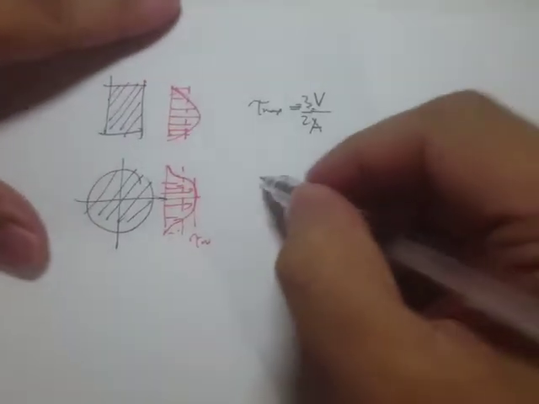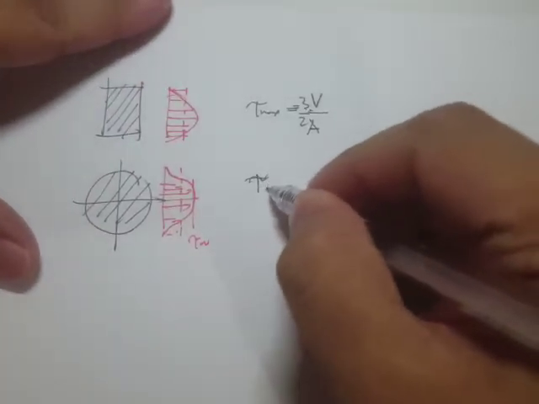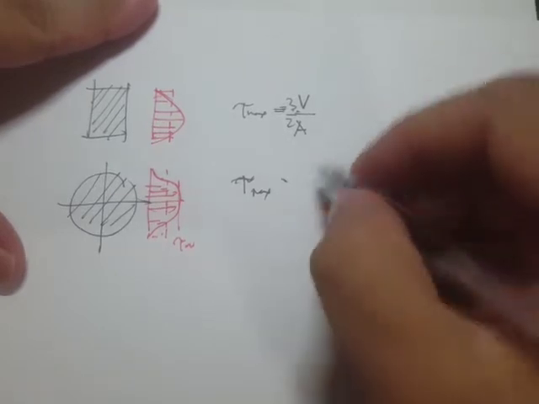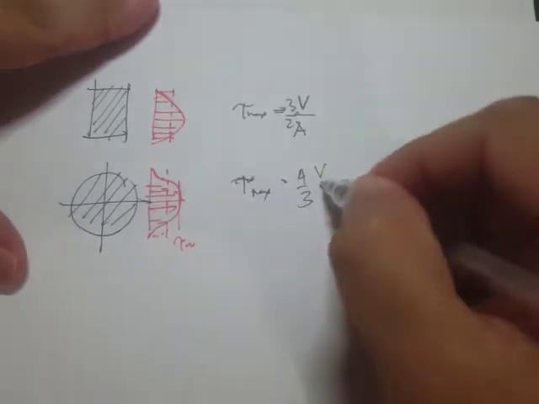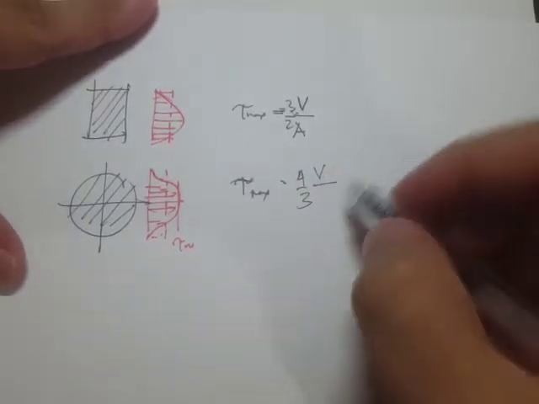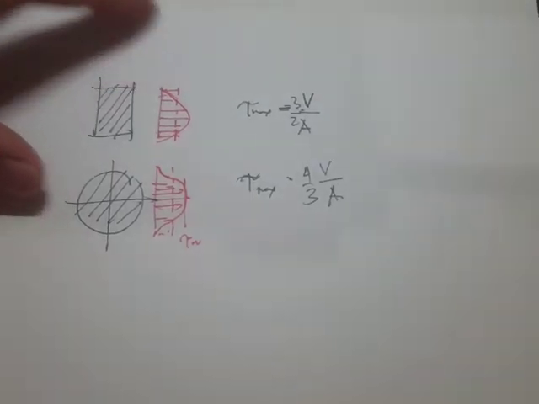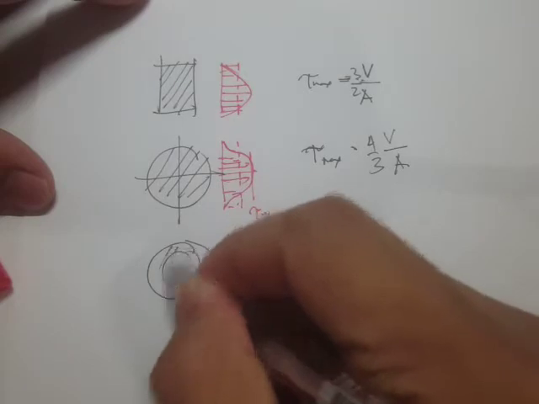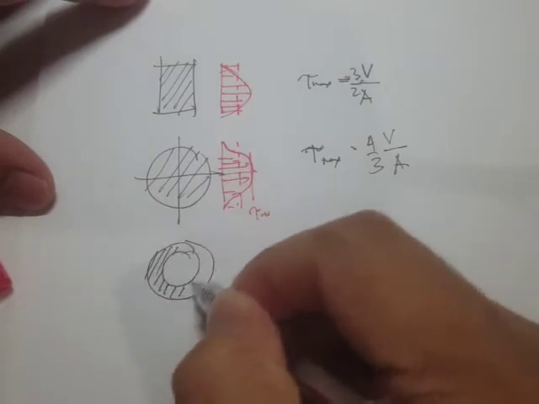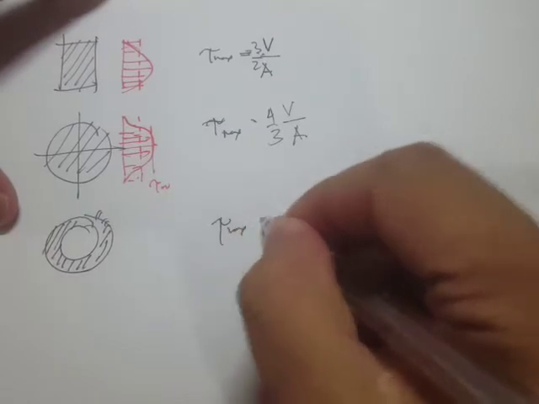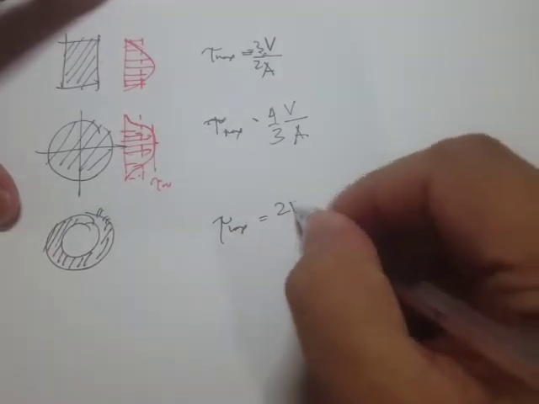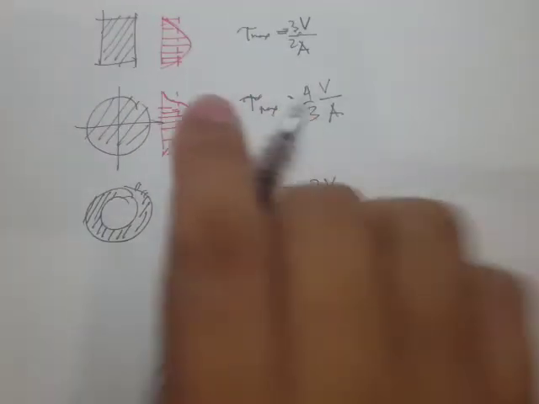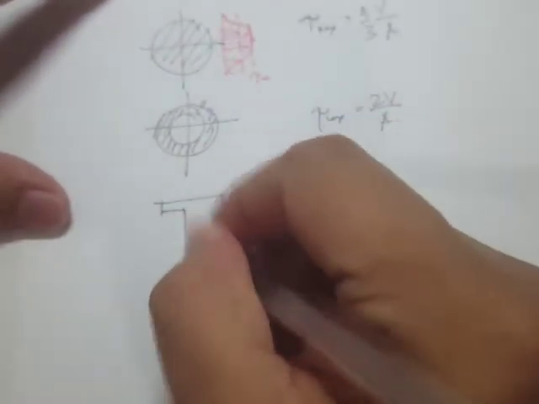The simplified equation is just 4/3 of the internal shear force divided by the area. For a hollow cylindrical portion, it will be 2V over A.